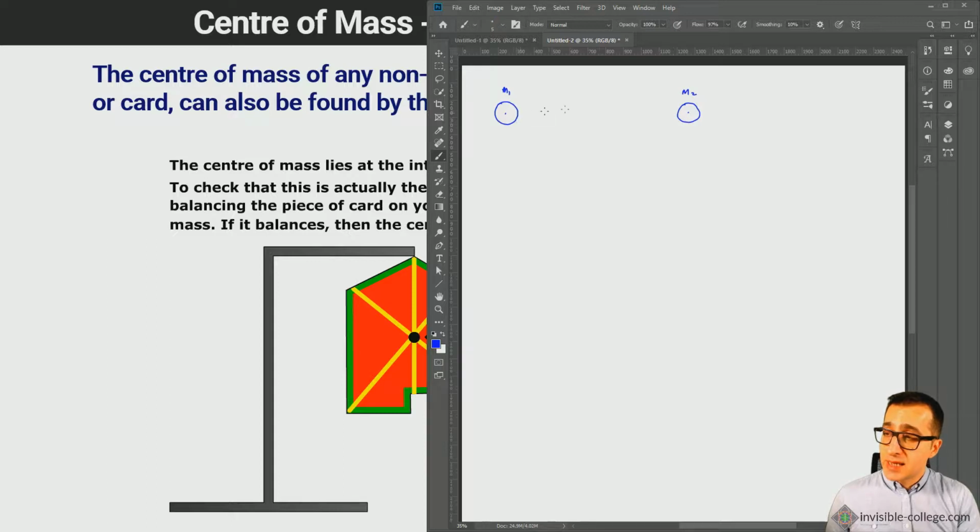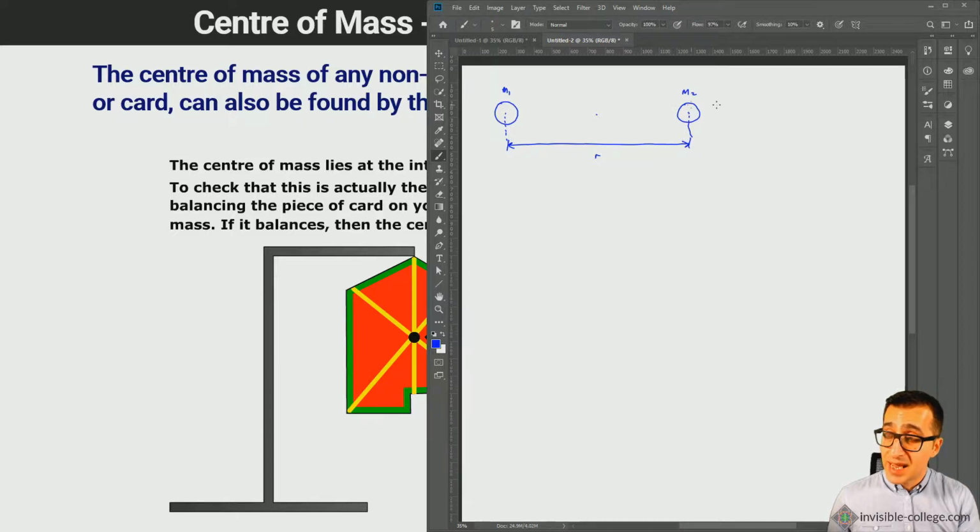Now, these two masses, their centers of mass, are some distance apart. Let's call this R. Now, if these two masses are equal to each other, just intuitively, just by looking at this situation, we would know that the center of mass of this entire system is going to be midway between these two objects.